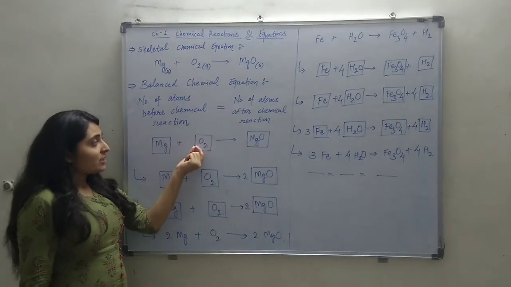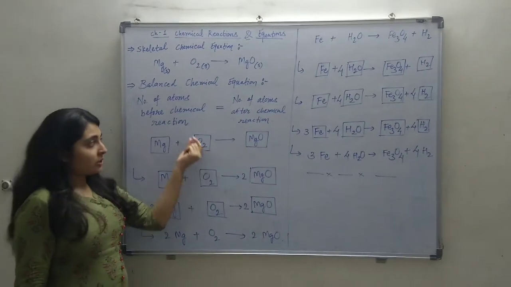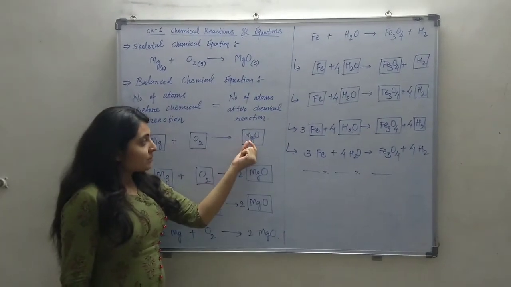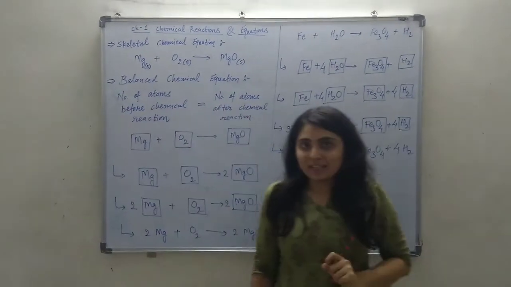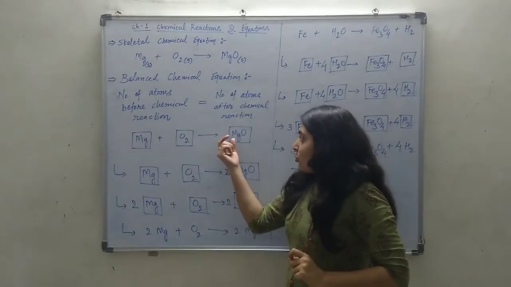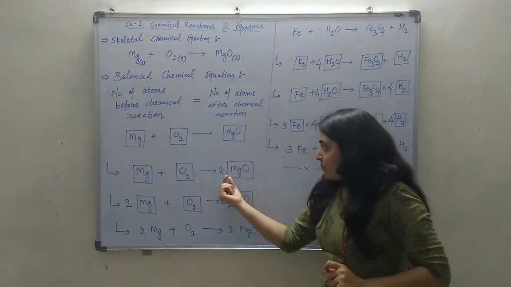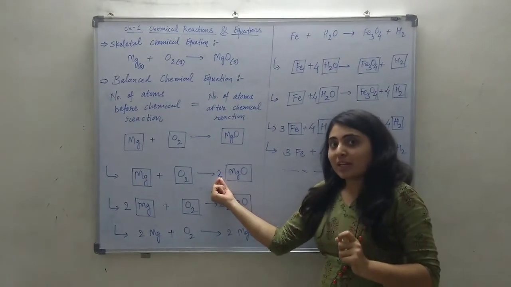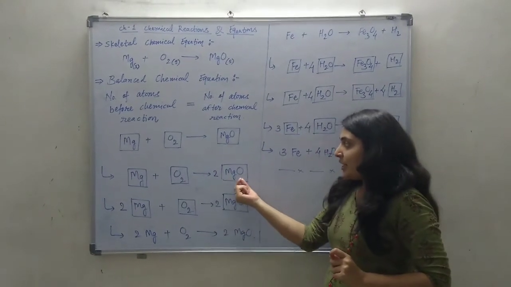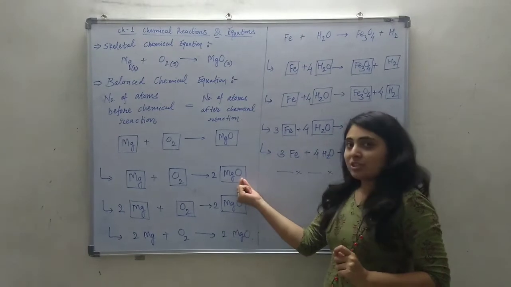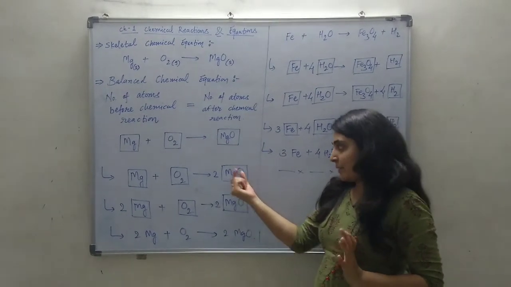On the left hand side there are 2 atoms of oxygen, on the right hand side only 1 atom of oxygen. It means oxygen is unbalanced. We need to balance it. To balance oxygen, I am putting 2 in front of magnesium oxide on the right hand side, which indicates 2 oxygen atoms on the right hand side.